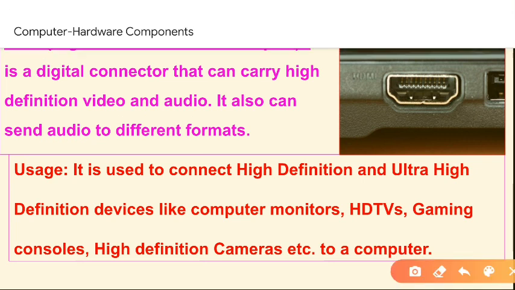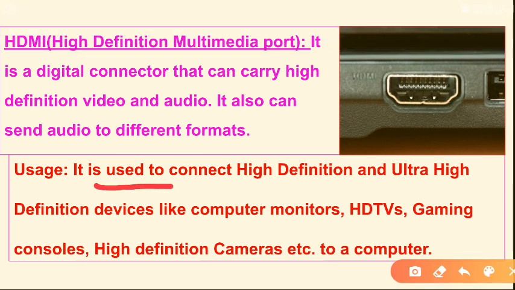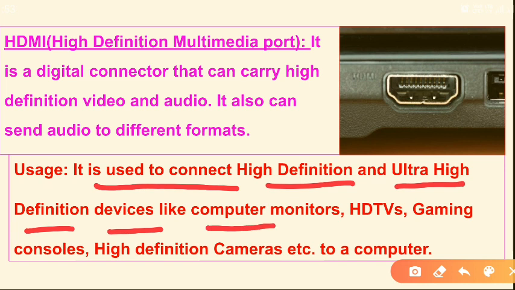Then what is the use of HDMI? HDMI is used to connect high definition or HD or ultra high definition UHD devices like computer monitors, high definition TVs, and gaming consoles. Gaming consoles are the devices which are used in gaming, like the PlayStation and all that.